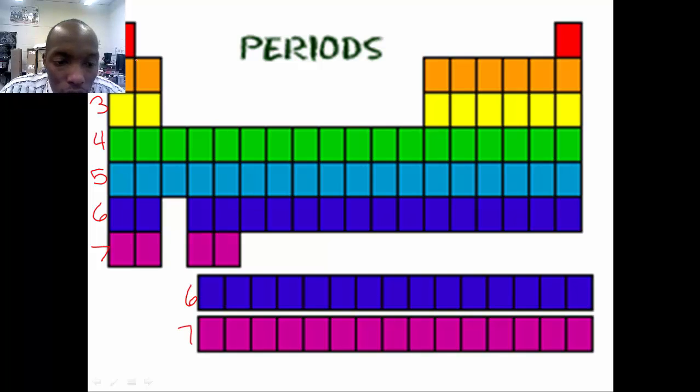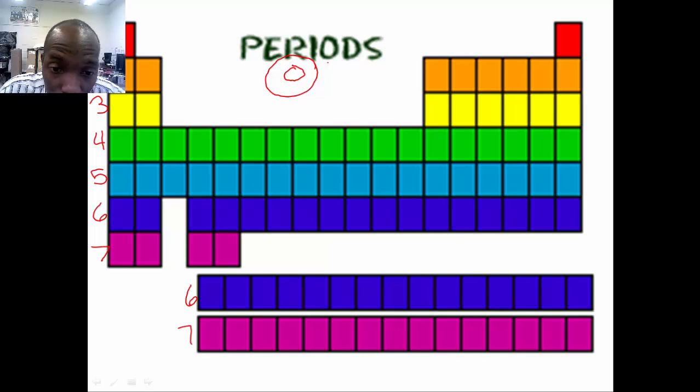The horizontal rows, which are the periods, tell us how many orbits the element has total. So all the elements in period 1 have one orbit. Let's say this is the nucleus. Those circles around the nucleus that we just saw are called orbits.